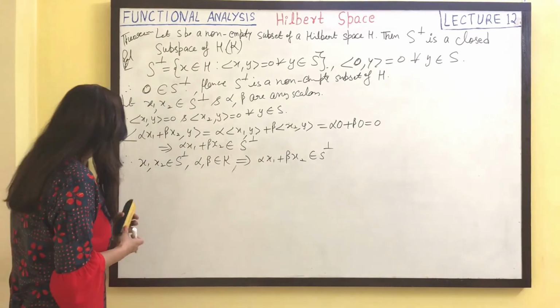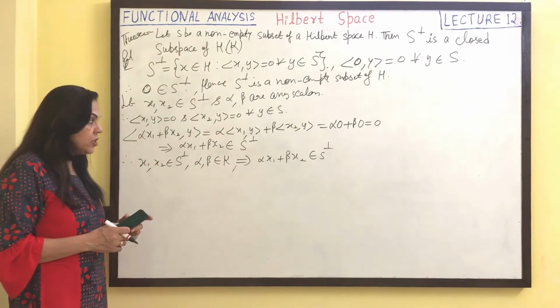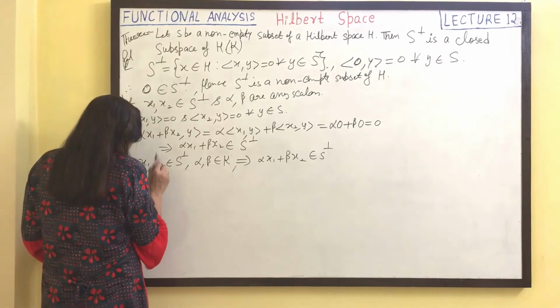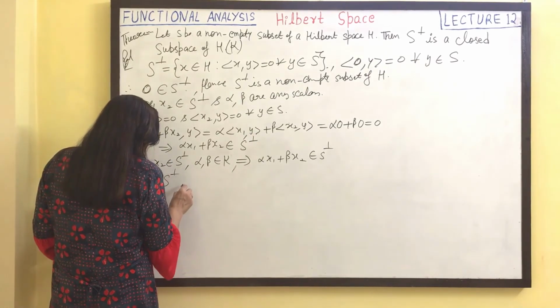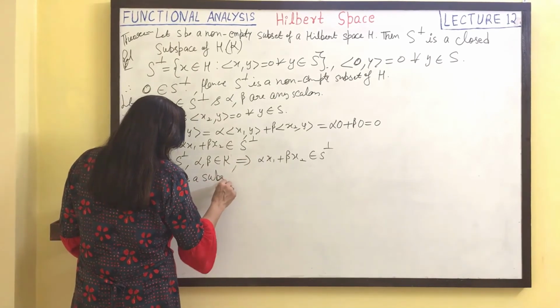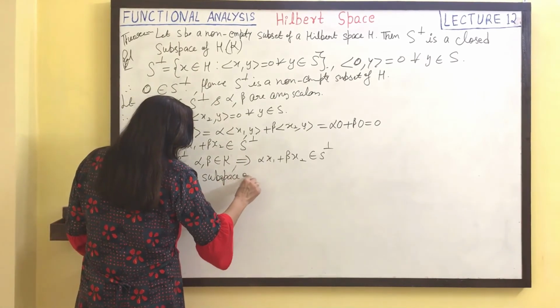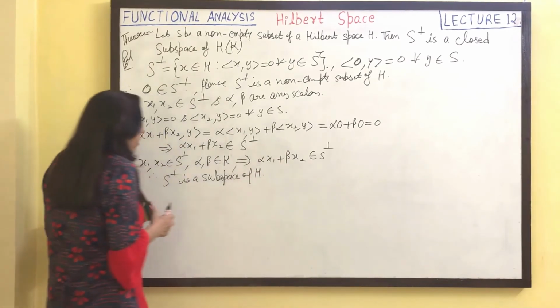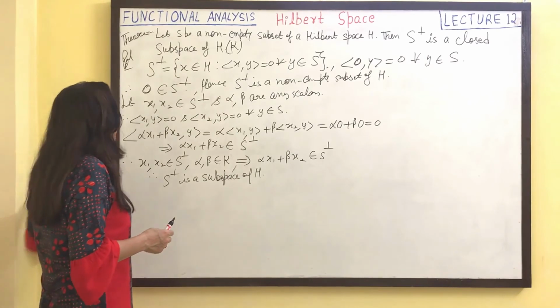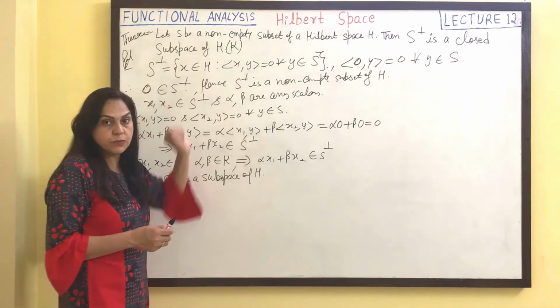So this is the necessary and sufficient condition for a subspace. So S perpendicular is a subspace of H. Okay, now we have to prove that S perpendicular is a closed subspace of H.